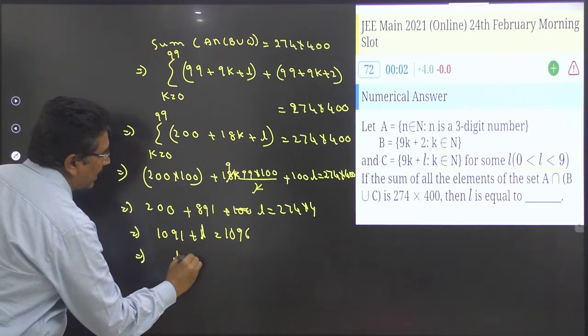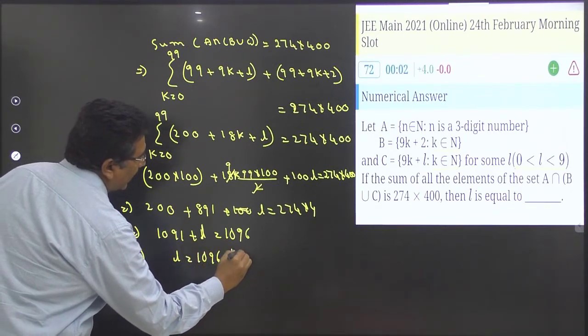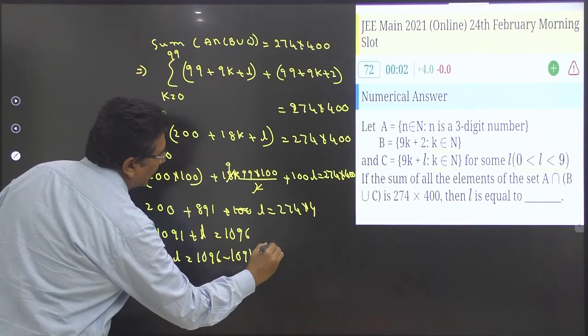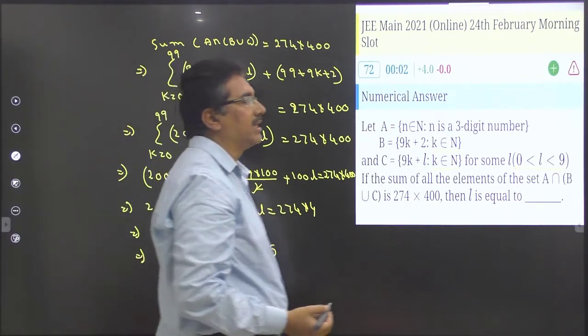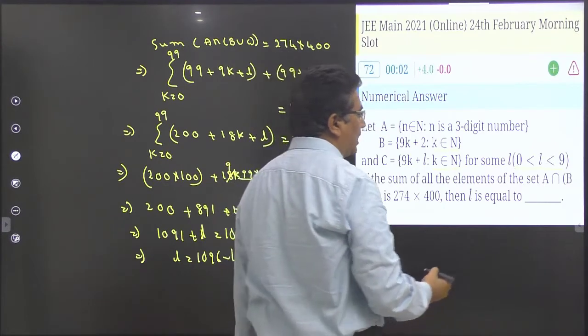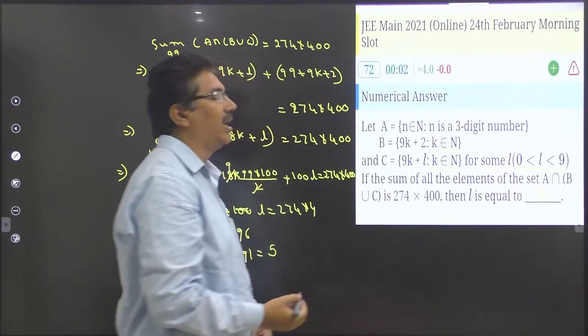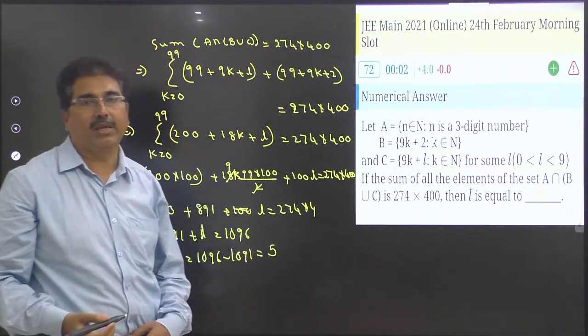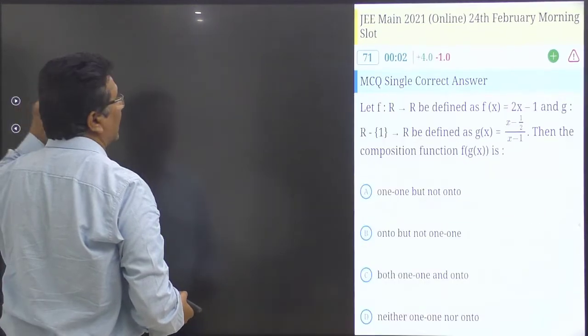That implies L is equal to 1096 minus 1091, that is equal to 5. Right? So this is a numerical type of answer. Here L is equal to 5. Right? This is a very different question. Now let us see the next one.